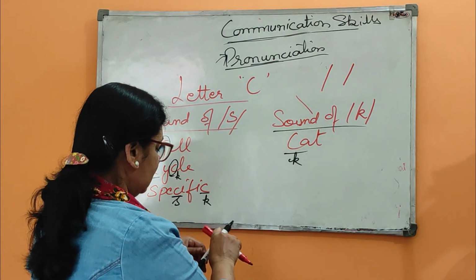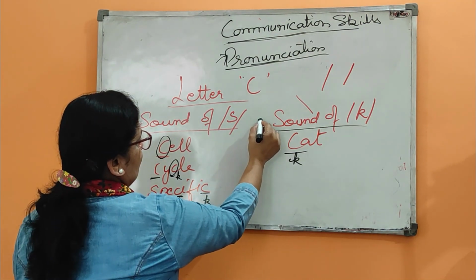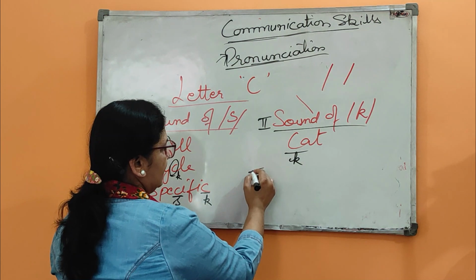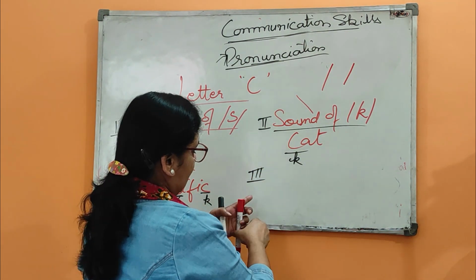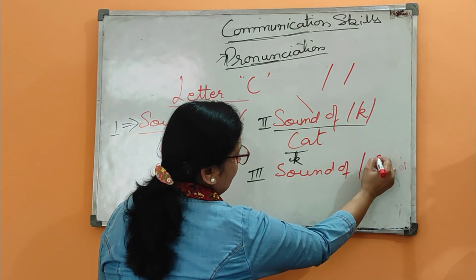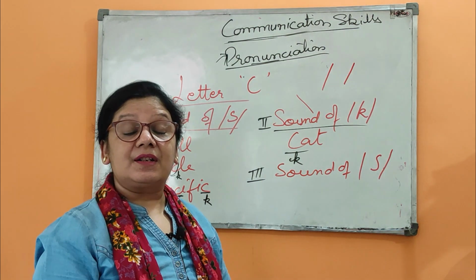This is the first type of pronunciation of letter C. This is the second type. The third type of pronunciation is the sound we call sh. This is the phonetic symbol, we call it sh.